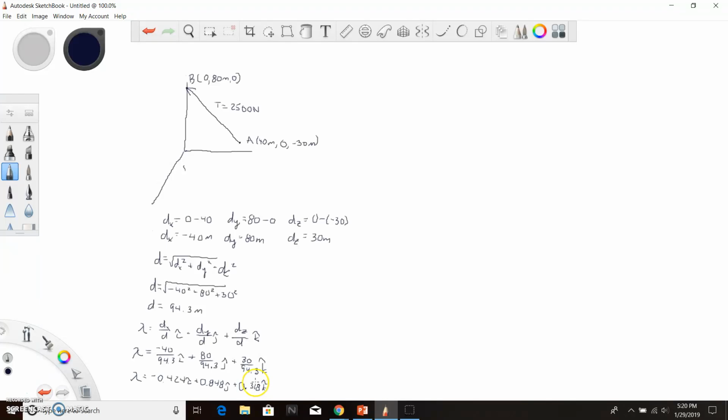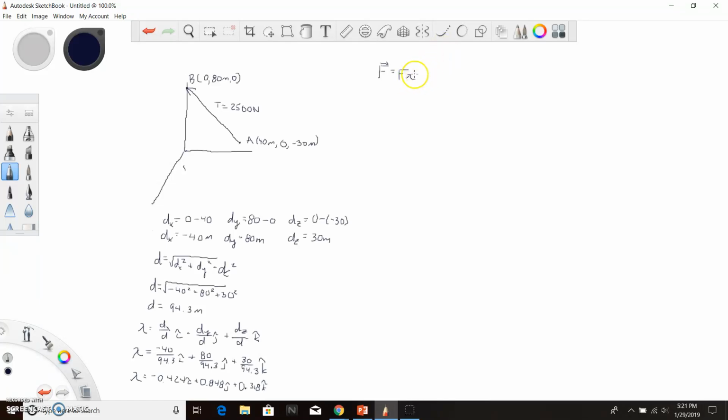If we look at the previous slides, we know that vector F is equal to F, the magnitude of F, times the unit vector, or lambda.